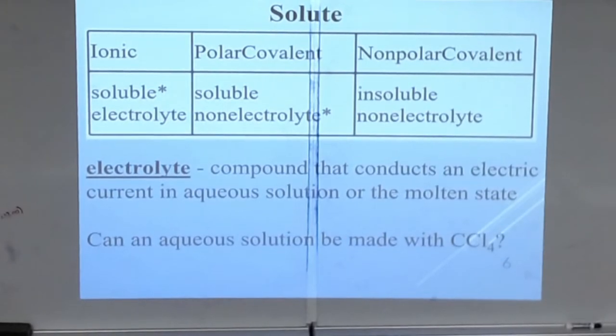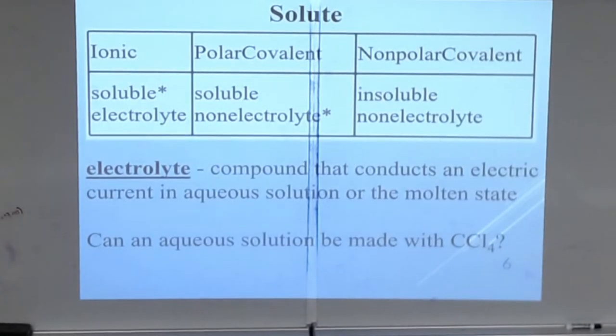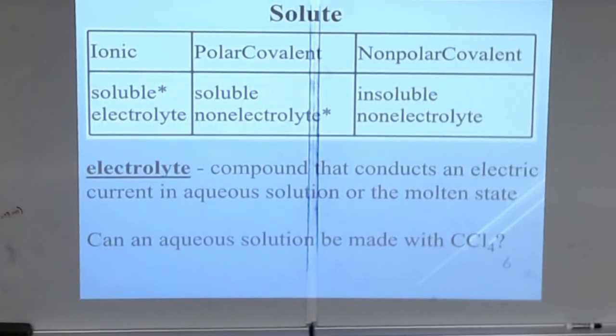So, question here, can I make an aqueous solution with carbon tetrachloride? Draw the Lewis dot structure, everybody. So we're looking at the solubility of the compound or the bond itself?